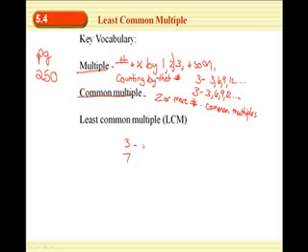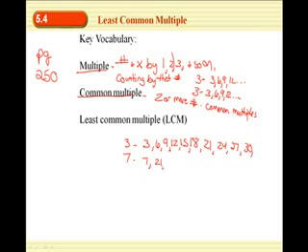You would write the multiples of 3, which would be 3, 6, 9, 12, 15, 18, 21, 24, 27, 30, and so on. And then you write the multiples of 7: 7, 14, 21, 28, 35, and so on. And right now we can stop. We found one common multiple. They both have 21. So 21 is a multiple of 3 and a multiple of 7. So those are called common multiples.